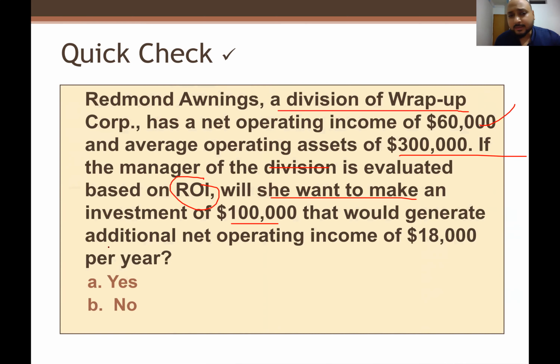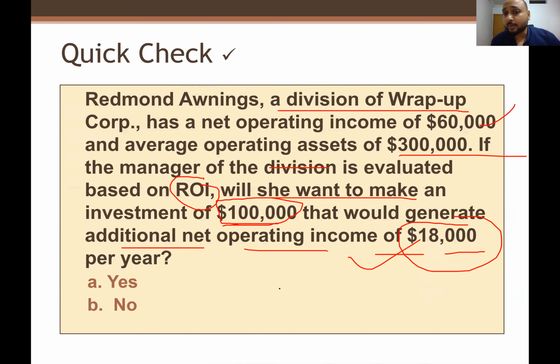Would it generate additional net operating income of 18,000 or not? You are required to find out if the manager of the division is evaluated based on ROI, will she be able to invest in this asset to generate another income of 18,000?